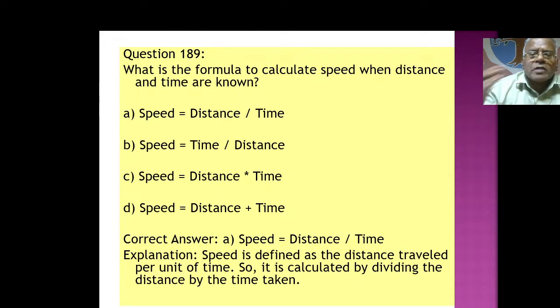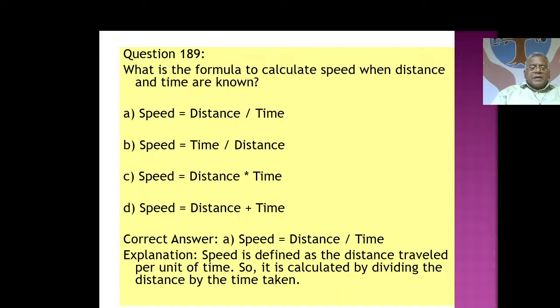Now we go to the next area: distance and speed problems. Okay. What is the formula we must know? Distance is equal to speed into time. That is the very famous one. From that you can find the speed, you can find the time, etc. What is the formula to calculate speed when distance and time are known?